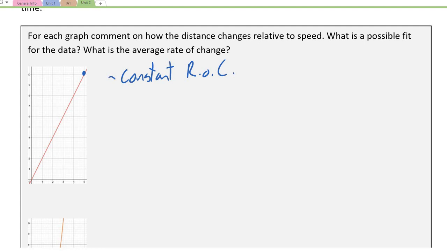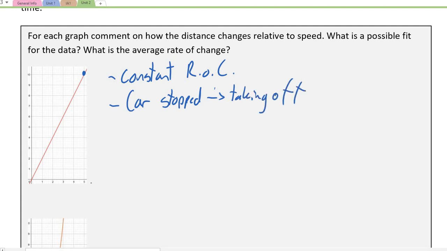So after 5 meters, you're going very quick. Yeah, a car at a stoplight. So this could be a car stopped and then taking off.